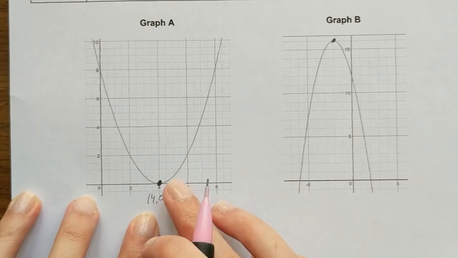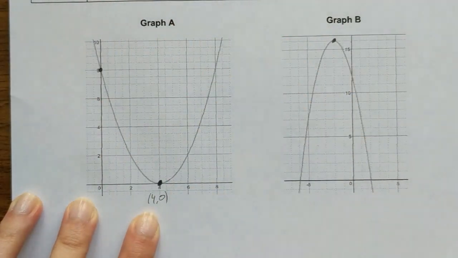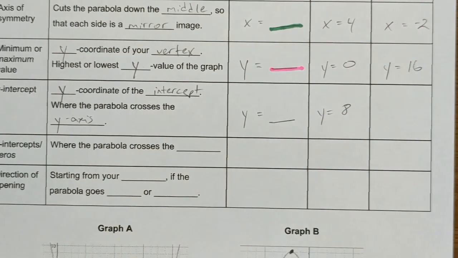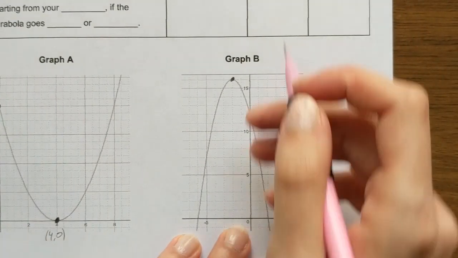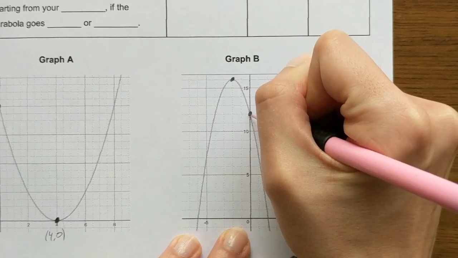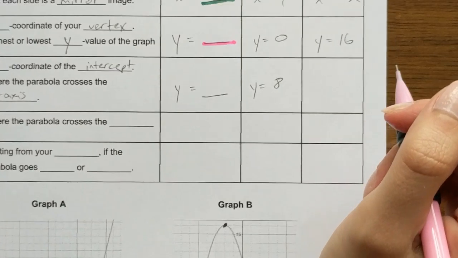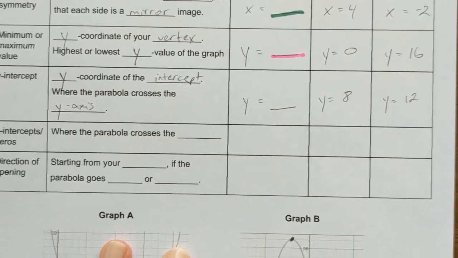So in graph A, I look at the point where it crosses the y-axis. It is at the point 8. So I'm going to write y is equal to 8. In my second graph, my line crosses the y-axis right about there, which looks like it's about 12. So I'm going to write y is equal to 12.